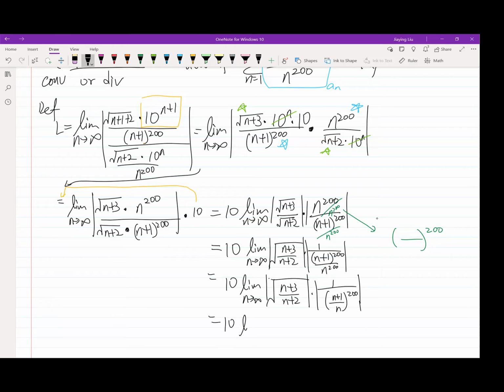So that will be the limit as n goes to infinity of the square root of (n plus 3) over (n plus 2), which I'm sure you can take the limit of, times 1 over the parentheses where n divided by n is 1, plus 1 over n. So that's how we split the fraction there, to the 200.